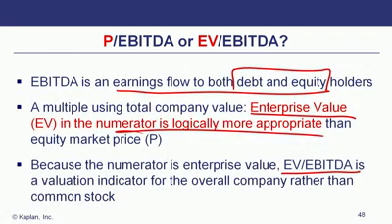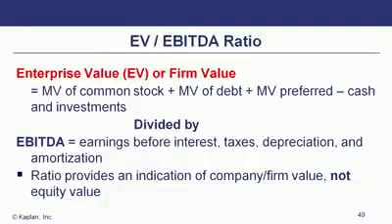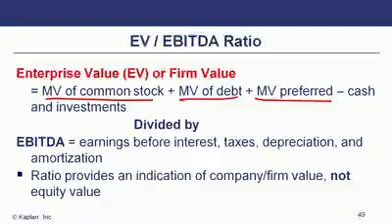So let's take a look at what is the enterprise value to EBITDA ratio and what is enterprise value. It is the market value of the common stock, market value of the debt, market value of the preferred, subtracting out the cash and any liquid investments, because if another company were to buy the entire firm, that purchase price would actually be reduced by the amount of cash or liquid investments that company is holding.